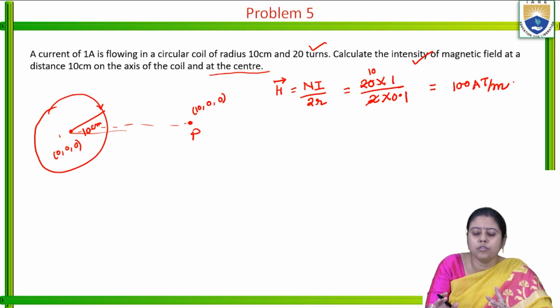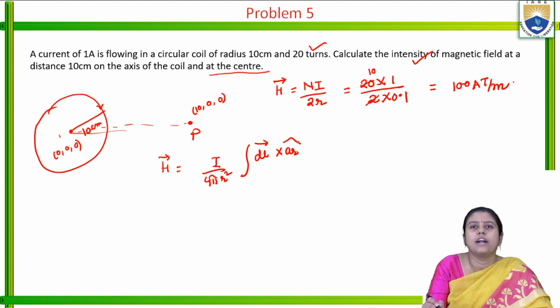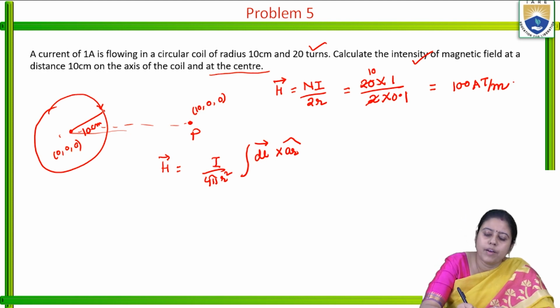If we use the Biot-Savart's law, H is equal to I dl sin theta by 4 pi r square, we can also write it as dl cross AR. AR is the distance, dl is the radius, and the radius value is also 10, 0, 0. We can take it as 0, 0, 10.